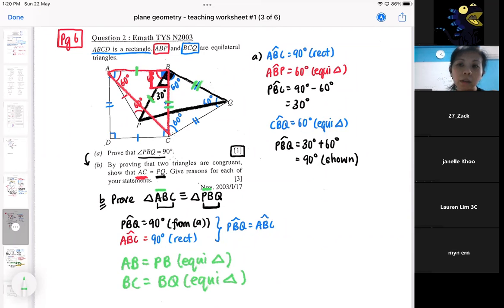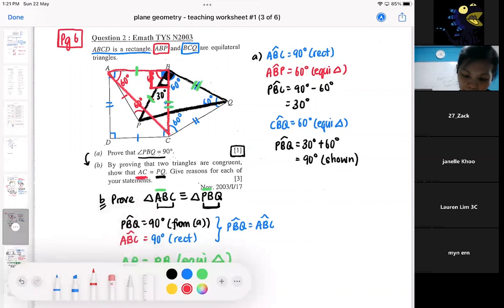So this is congruency. Last week I emphasized that for congruency, you've got to use any of the congruency tests, but you cannot use AAA. If you use AAA, you get outright 0 marks because it's a wrong concept. AAA is only for similar triangles. So from here, you can see you've got 2 sides and 1 angle.